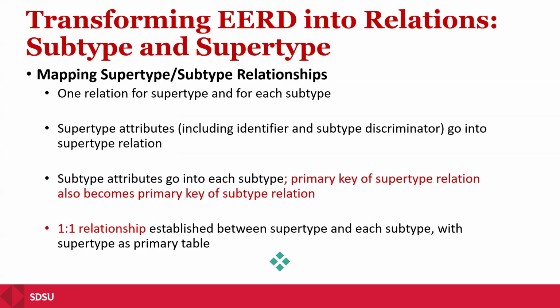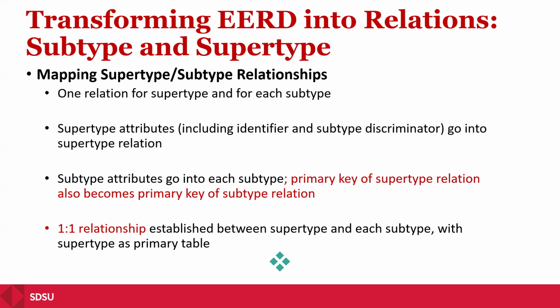So that's pretty much all I have except for subtype and supertype, and subtype and supertype is very simple. The way we map those is we have one relation for the supertype and one for each of the subtypes.